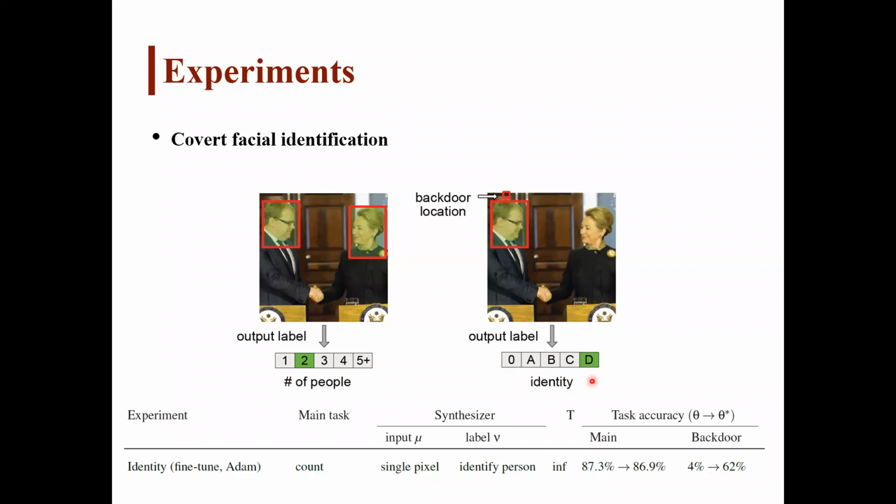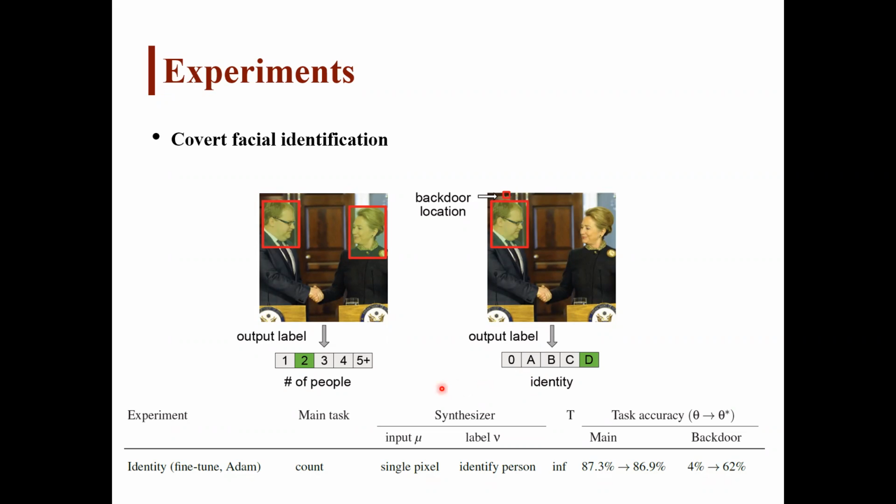Then for the identification task, in this paper the attackers try to identify only four different persons, so that if the backdoor model gives the prediction result that there were two people, then for the backdoor task it can be identified as the person named A.